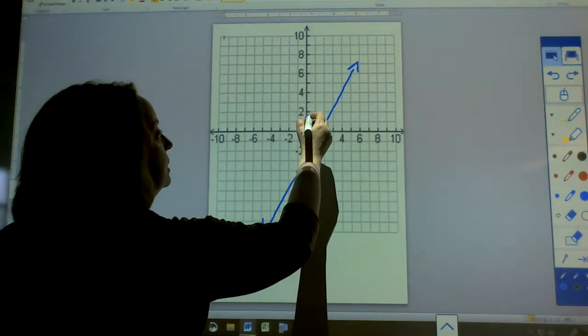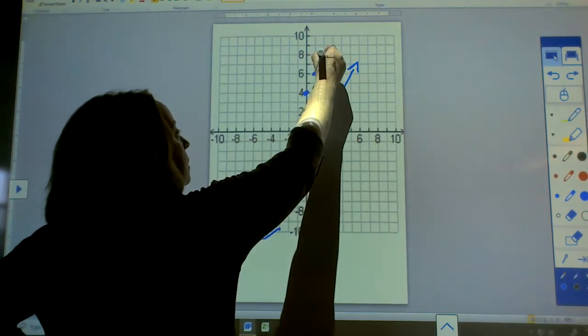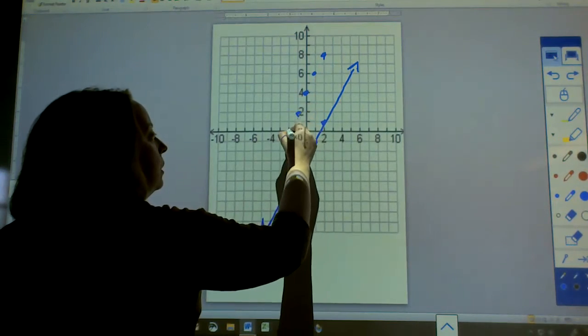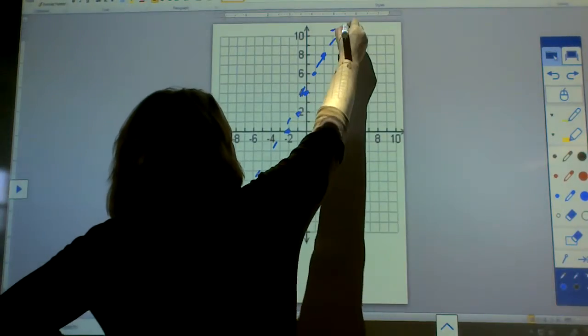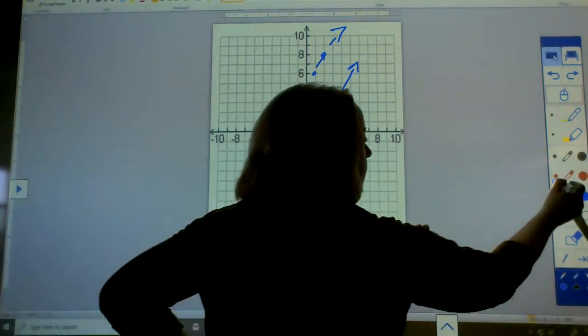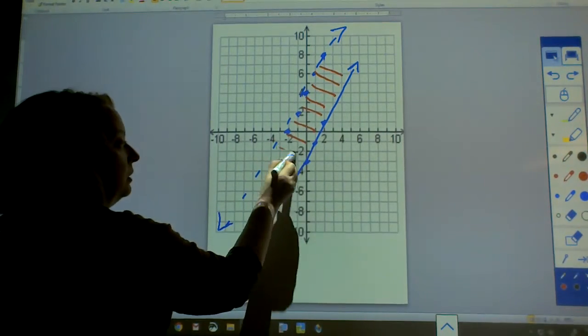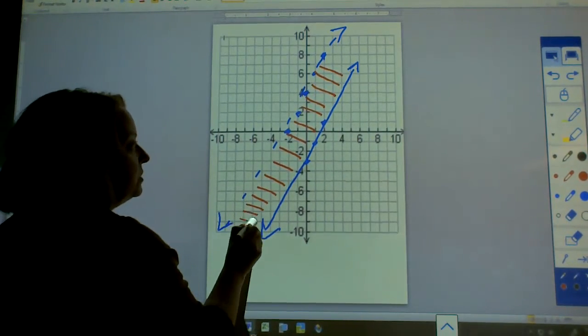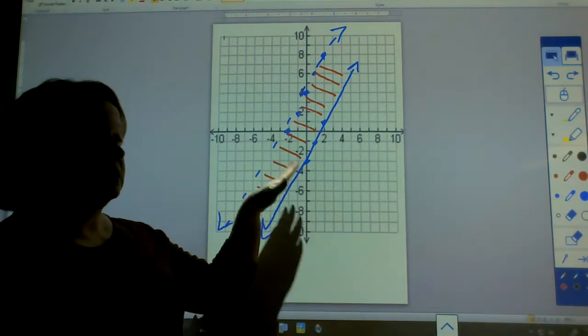And the next one is here. And it's going to be dotted. And the shaded region in red is right in between.